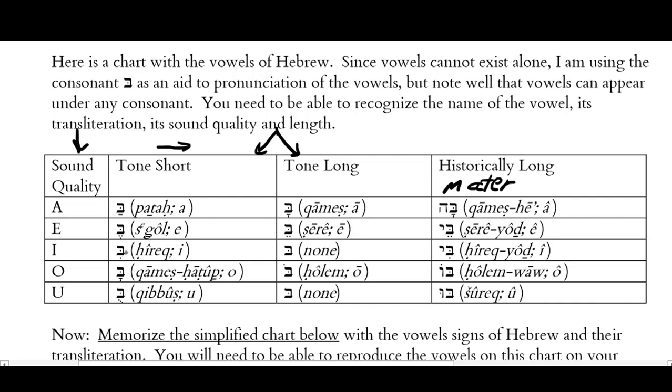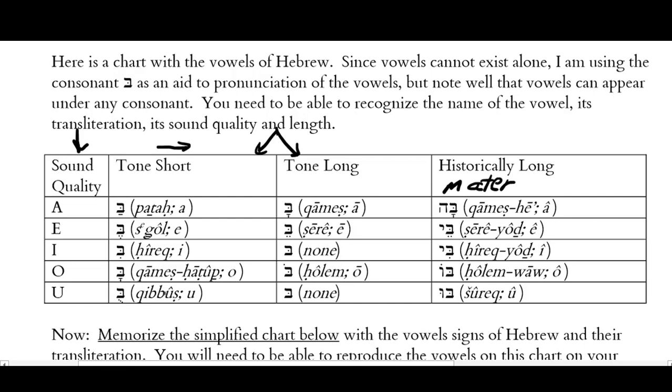Chirik sounds like I, with the bet, bi. The next one is a short O. It's called qamets chatuf, and it sounds like O, with the bet, bo.